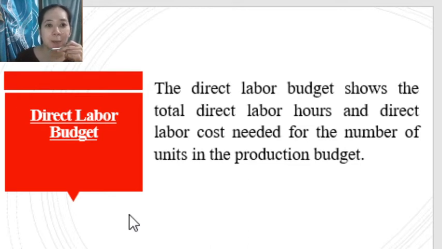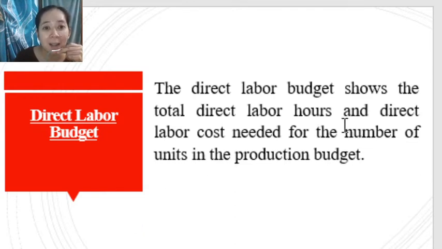Again, in our production budget, we have the number of units required to be produced for the period. In producing that unit, you have to remember that it has an equivalent number of hours in terms of direct labor.